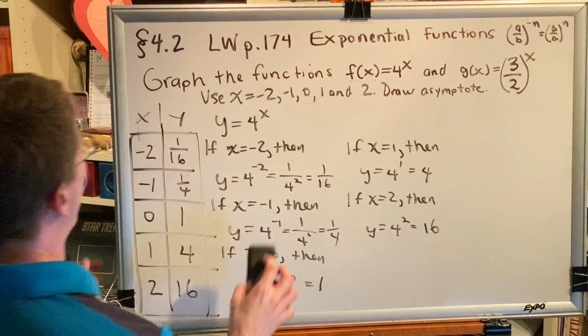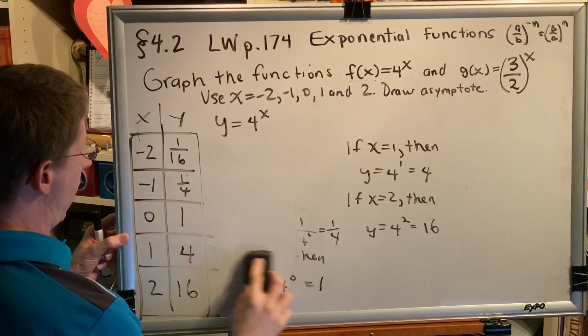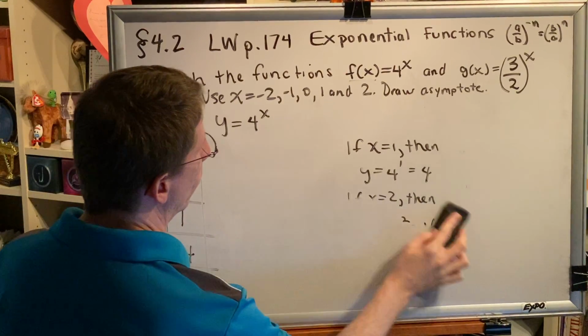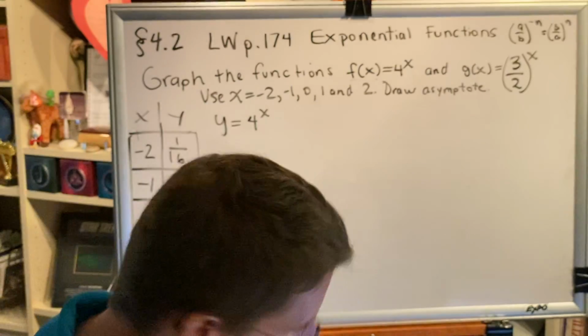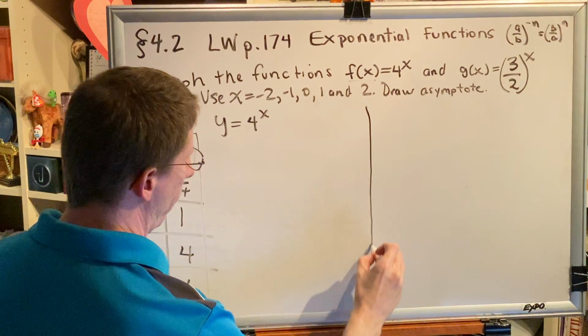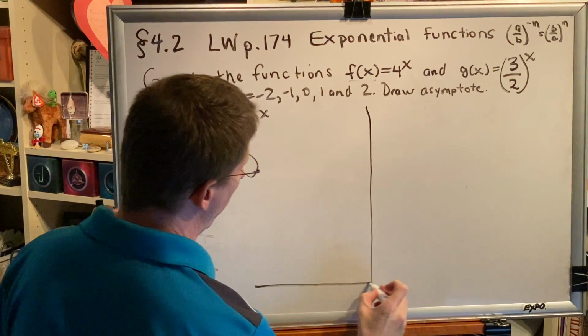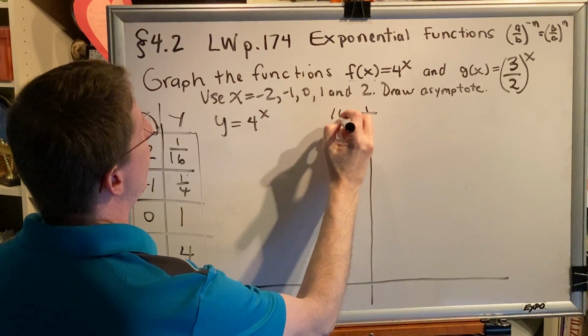Okay, now let's create our graph. Our y values go all the way up to 16 this time. Once again, we only need quadrants 1 and 2. All right, here we go. There's 16.